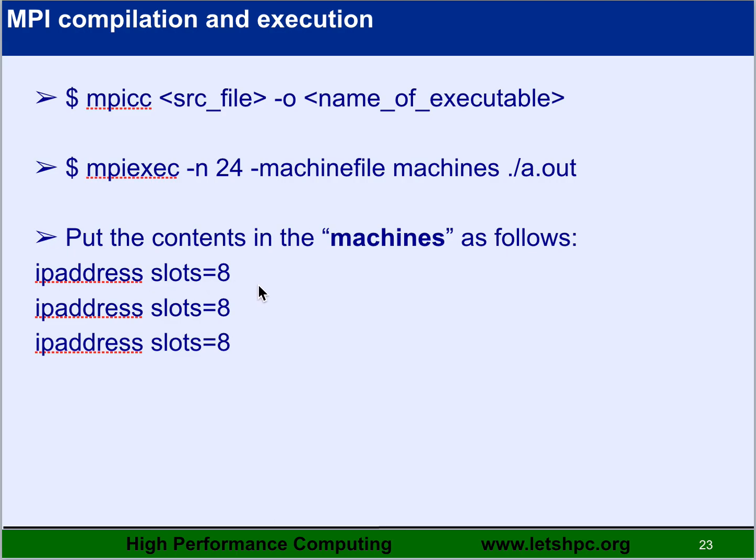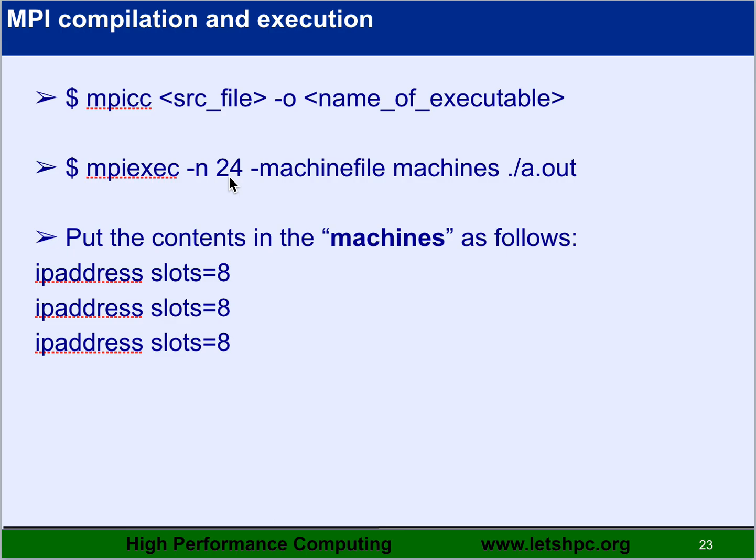So suppose you have 4 compute nodes, and each compute node has 16 cores or 16 processors. In total you have 4 into 16, that is 64 cores available with you. Now you want to execute your code on 24 cores.